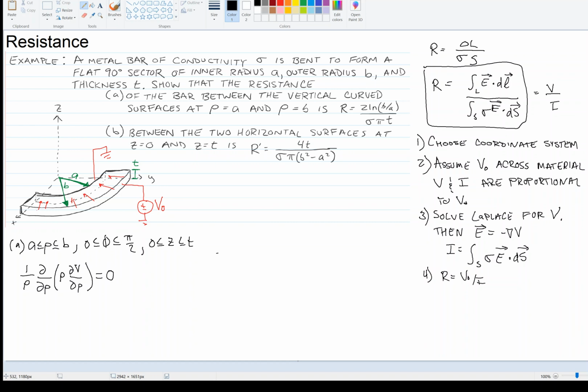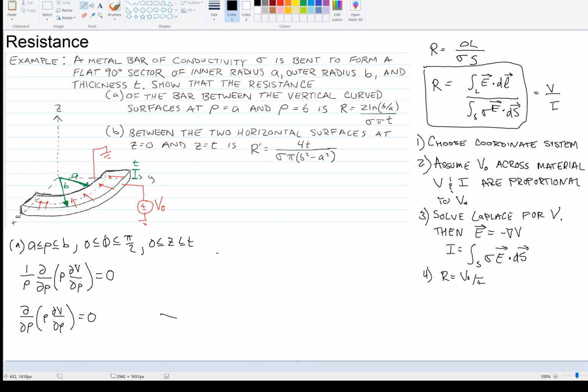Okay, so we're on step 3 right now. We're solving Laplace's equation for V. So I have this, and I can multiply by rho. We looked at several examples of solving Laplace's equation. So I'm going to multiply by rho, and this is still 0.